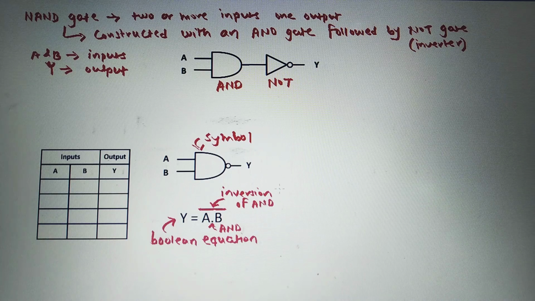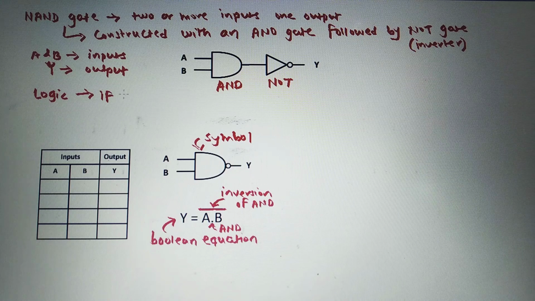Bar represents the inversion of AND. So this is the Boolean equation for the two inputs, one output NAND gate. Now next we will see the logic behind this two input NAND gate.